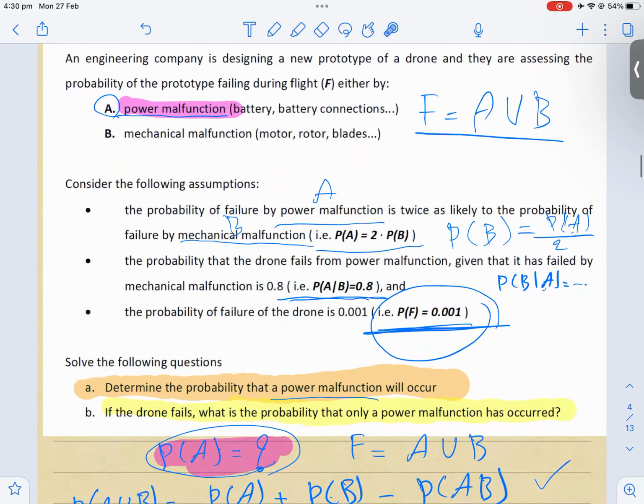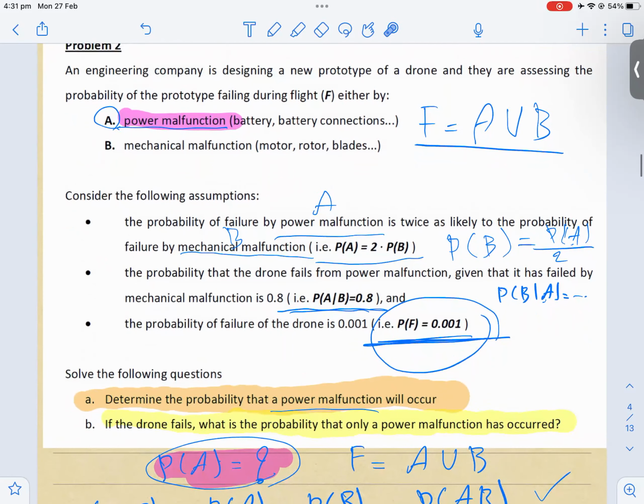The second item says that the probability of the drone failing from power malfunction, the probability that malfunction will happen provided that there was a mechanical problem as well.